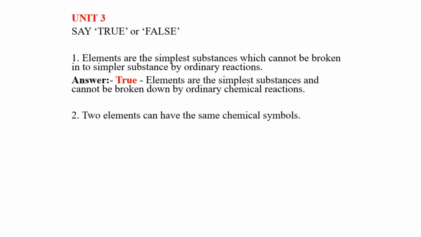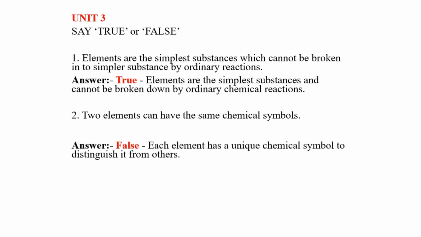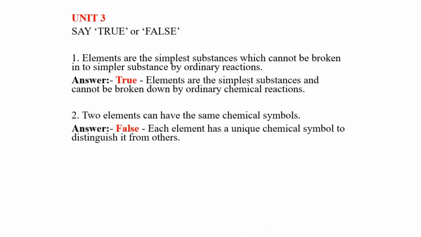Question number 2. Two elements can have the same chemical symbols. The answer is false. Each element has a unique chemical symbol to distinguish it from others.